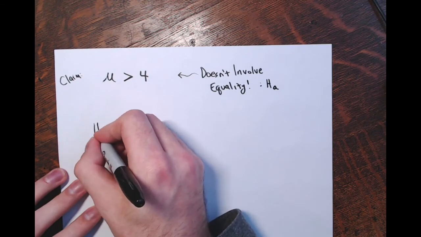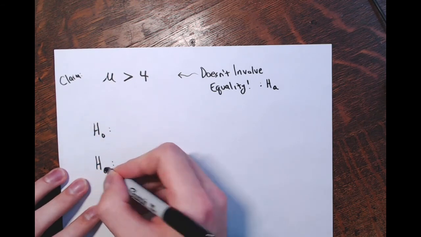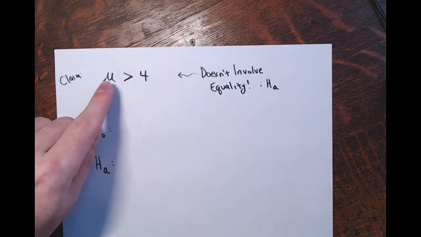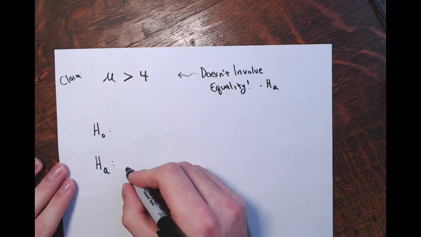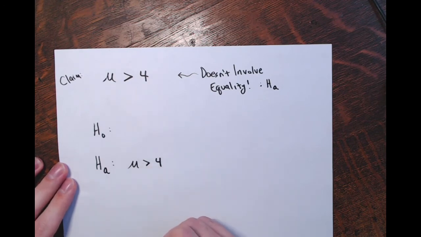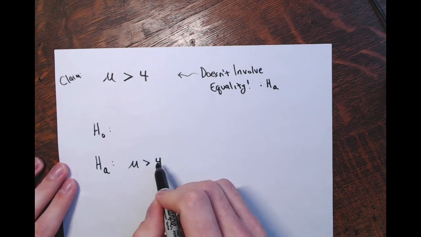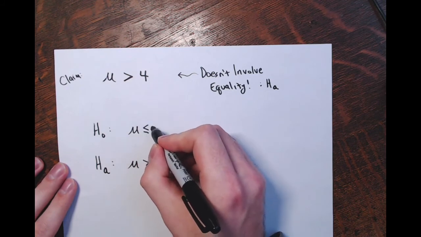When we form our hypotheses, you have the null and the alternative. Mu is greater than 4 is going to be my alternative hypothesis. Once you have one of them down, the other one's just the opposite. What's the opposite of being greater than? It's being less than or equal to.